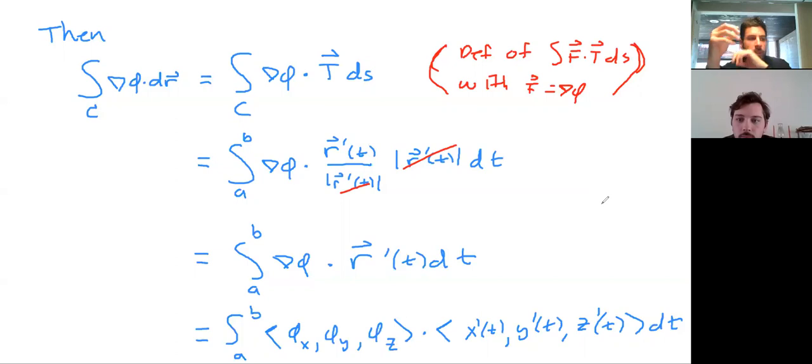Remember, the gradient is always a vector, and r with an arrow reminds you that r is a vector. So now we want to take the dot product: this times this, plus the second coordinates times each other, and then the third coordinate. We're doing the standard dot product.